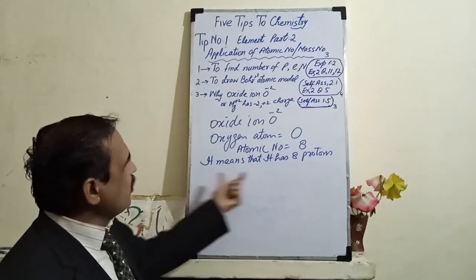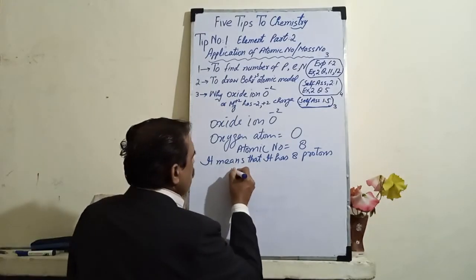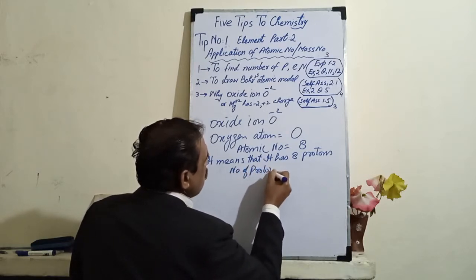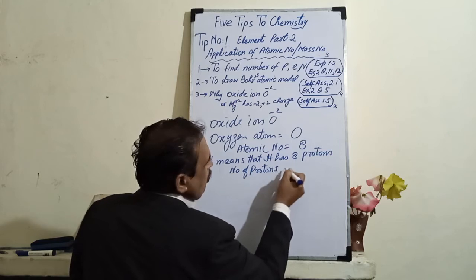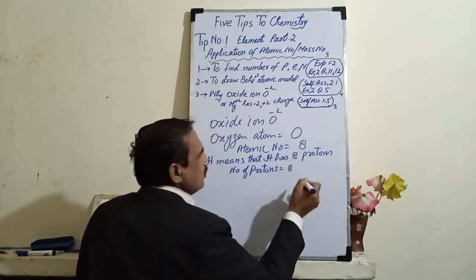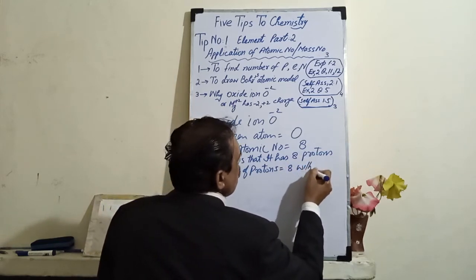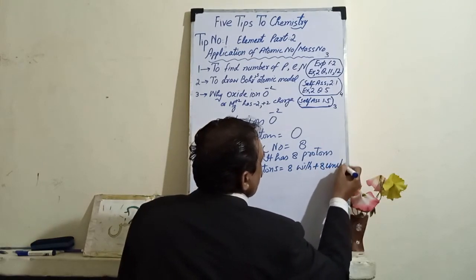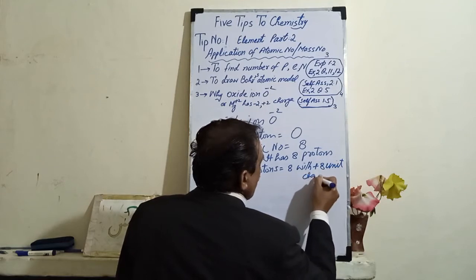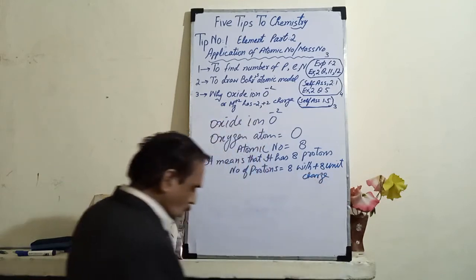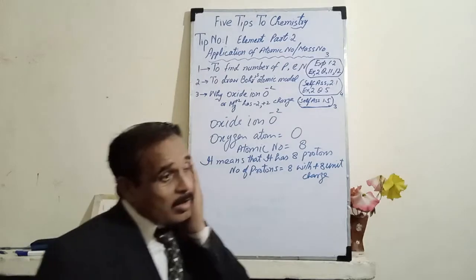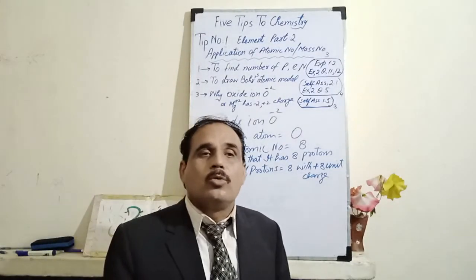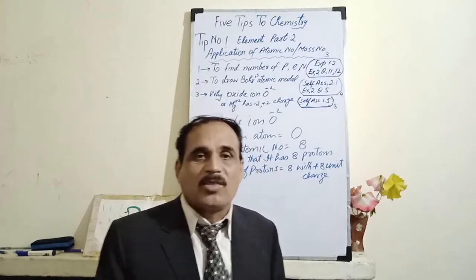So we can write in short, number of protons in it is equal to 8 with plus 8 unit charge, because you know one proton has unit charge, that is 1.602 multiplied by 10 to the power minus 19 coulomb.